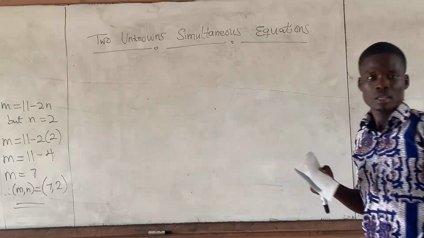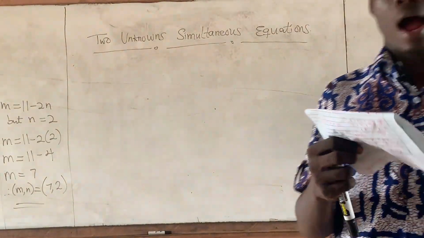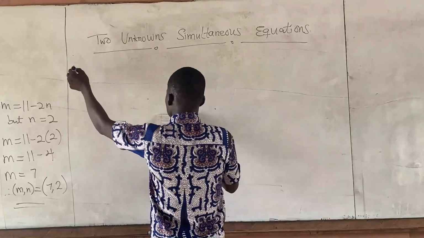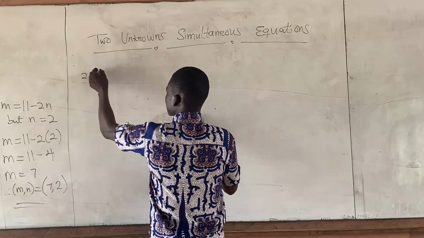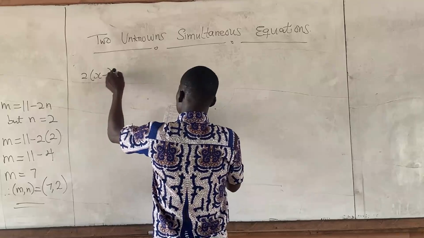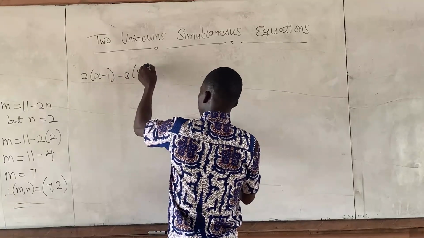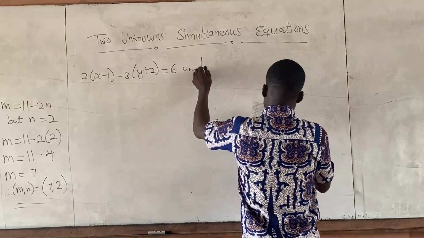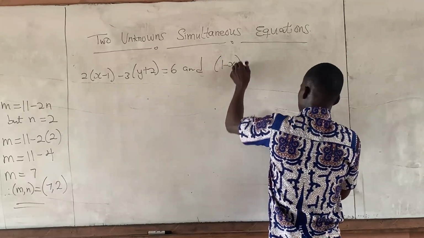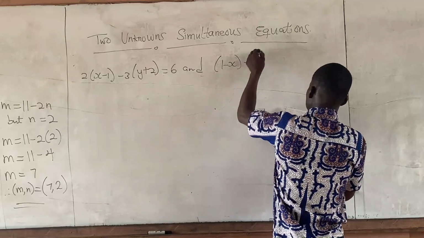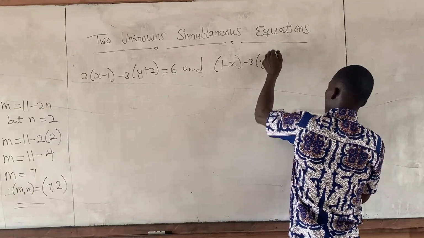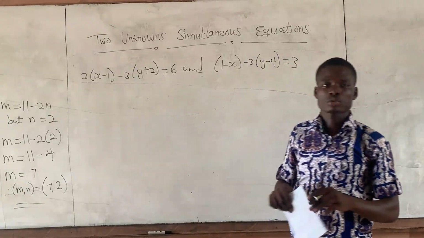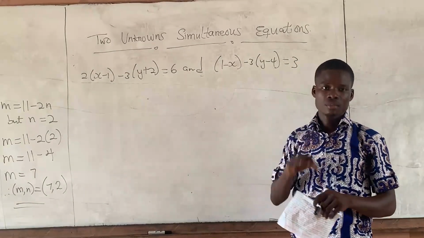Suppose we have to solve 2 bracket x minus 1, minus 3 bracket y plus 2, equal to 6, and 1 minus x, minus 3 bracket y minus 4, equal to 3, simultaneously. So we have to solve these two equations simultaneously.